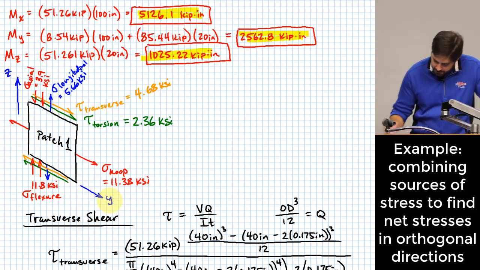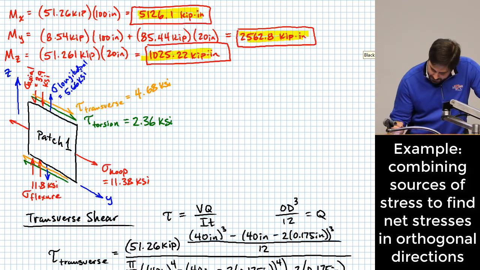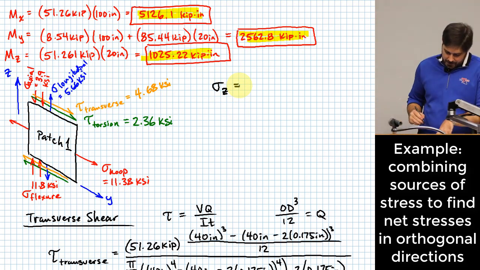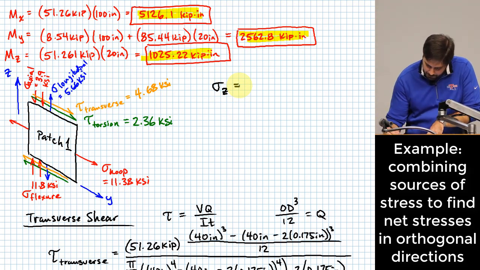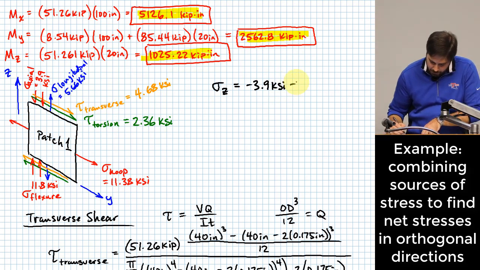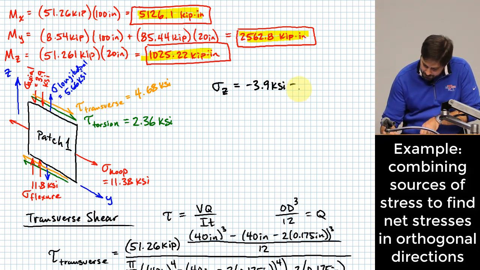Okay, so out of here, what is my Z component of stress? It's going to be equal to 3.9 KSI compressive stress, 11.8 KSI from flexure, and that's also compressive.